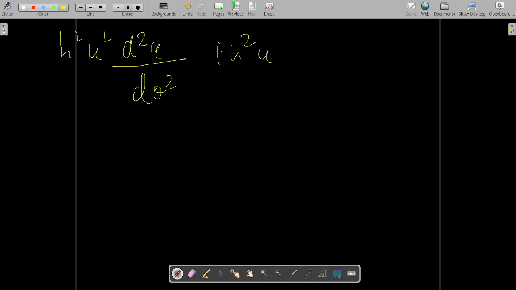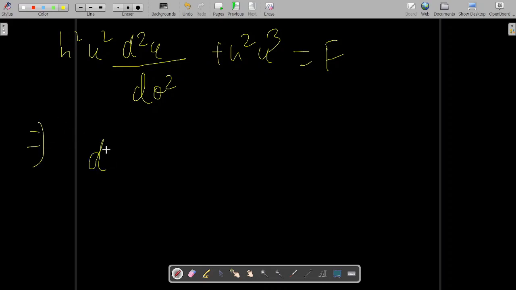So what do you get finally? Finally the last step which you got was like this: d2u by d theta 2 plus h square u cube is equal to your f. So you will divide by h square u square on both the sides.